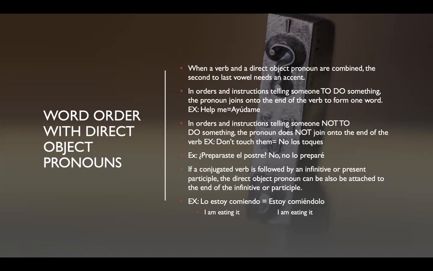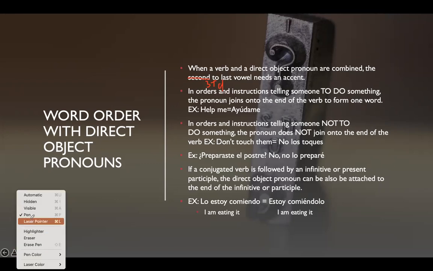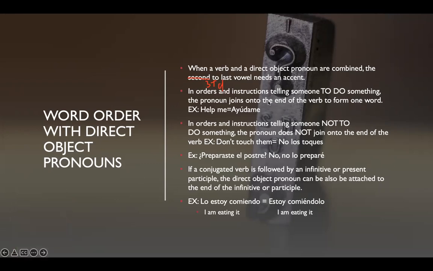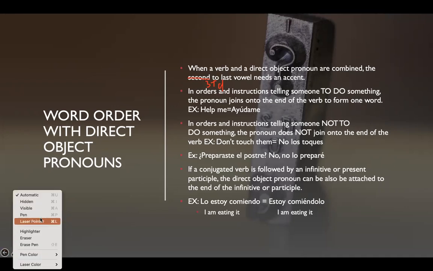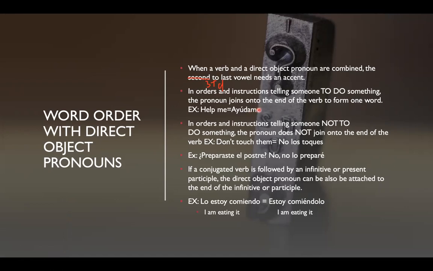I'm sorry, that was a mistake. Please put that in your notes: third. And so if you see here, we have the first syllable, the second syllable, and the third.